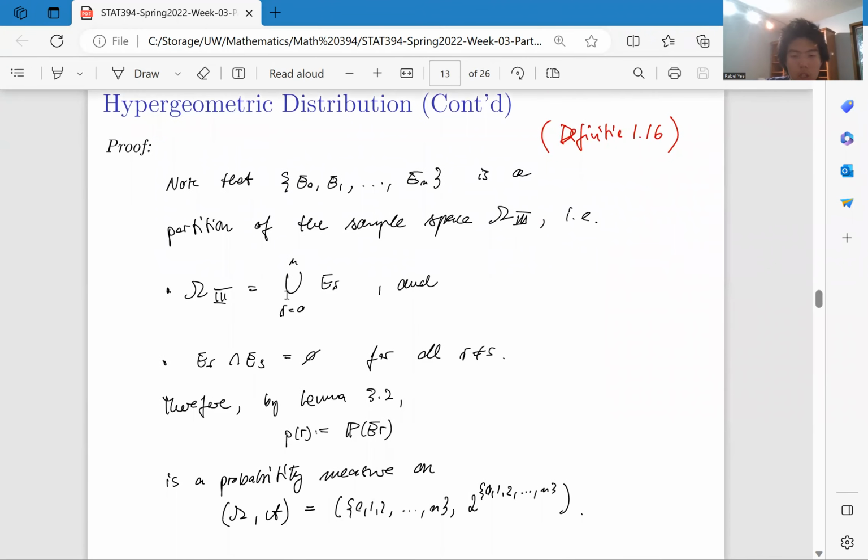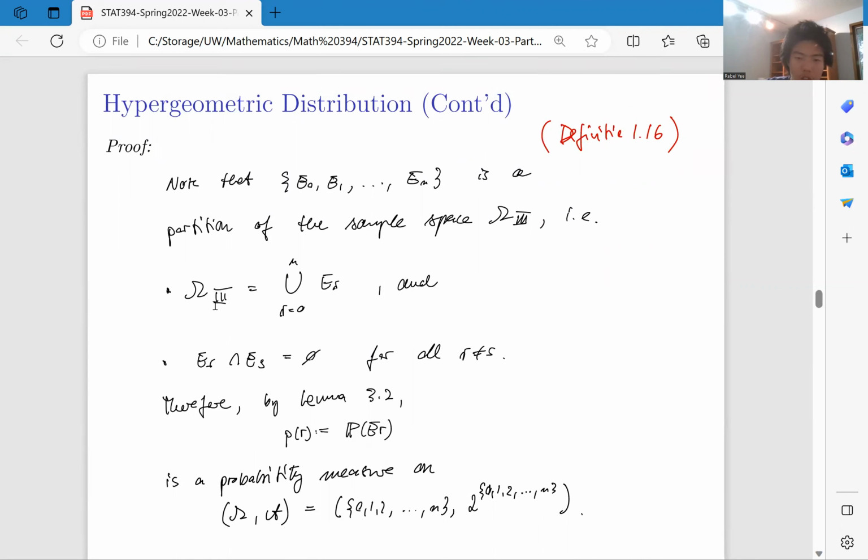And because we know there is a partition, the sample space is equal to the union of E_R from 0 to N. We sum them up, and because all of them are disjoint, and R is not equal to S. The S here means the N. So I think this is just N. It's not X, because we don't talk about any S before.